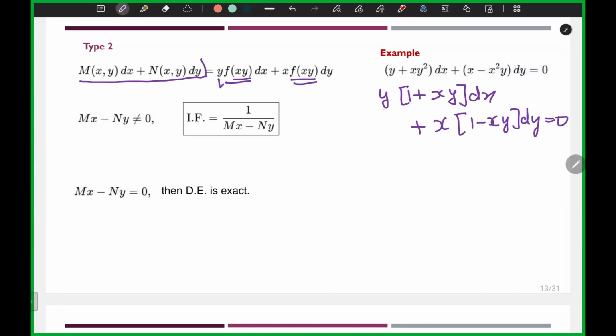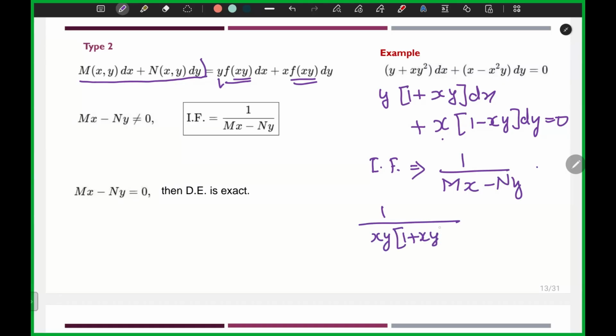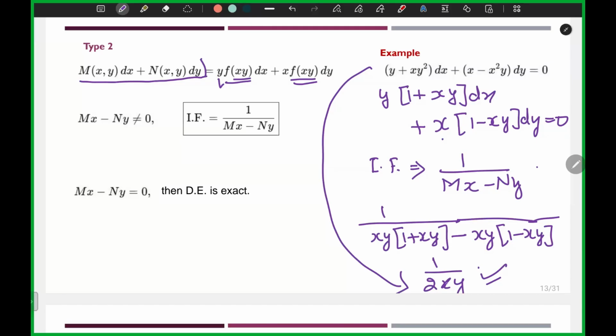This is of the form y f(xy) dx plus x g(xy) dy, so you can directly find the integrating factor as 1 upon (Mx minus Ny). This becomes xy(1 plus xy) minus xy(1 minus xy), so we are getting 2xy, and the integrating factor is 1 by 2xy.